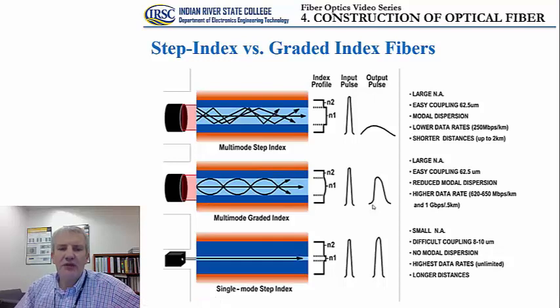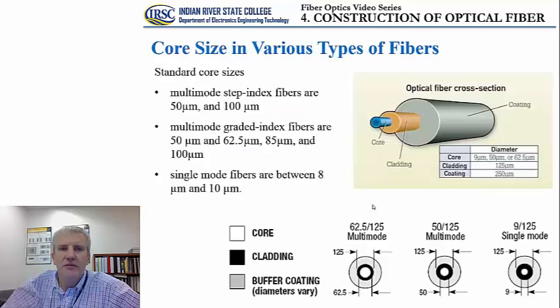So the graded index multi-mode fiber has better properties from the aspect of dispersion, because the trajectories of the different modes are better controlled, in the sense that they're better equalized. If you go from one mode to another, the lengths of the different trajectories through the optical core are closer to each other compared to the stepped index multi-mode optical fibers.